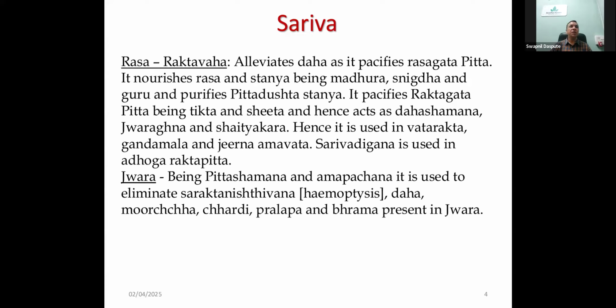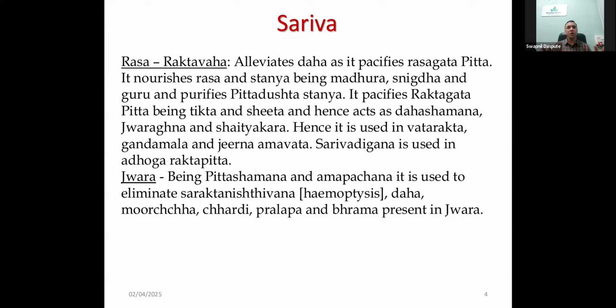Sarivadi Gana is used in Adhoga Rakta Pitta. The herbs included in Sarivadi Gana, as I have told you, these Ganas and Mahakashayas, you will find in Charaka Sutrasthana in the Purvardha, the first part of Charaka.